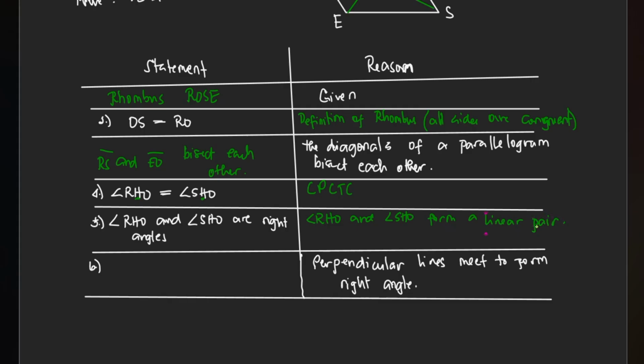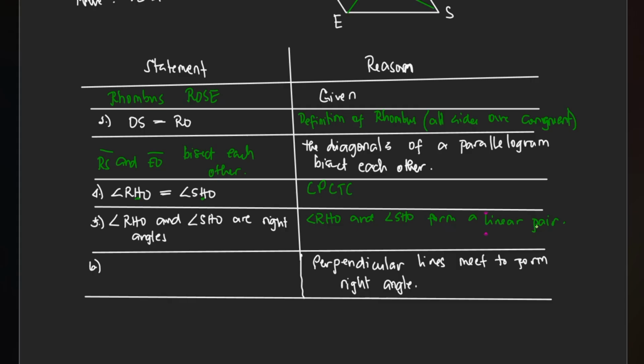Basically, if you observe our given rhombus, the RHO and the SHO create right angles. And if they create right angles, then therefore they are a linear pair. Okay? How about number 6?